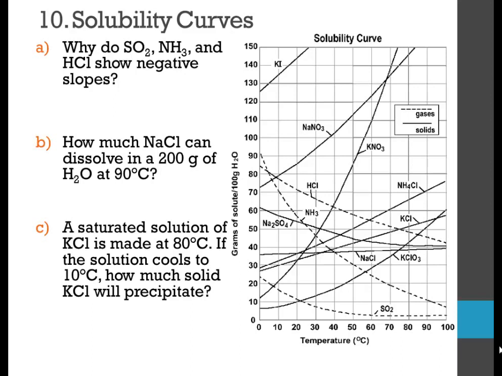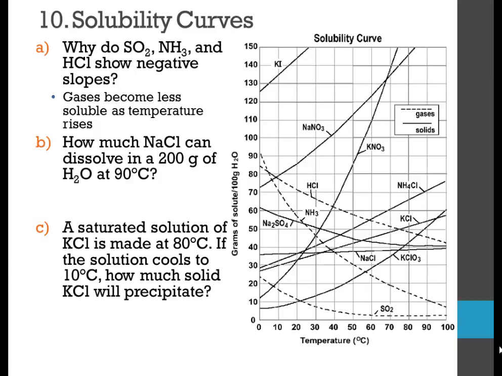First question is, why do sulfur dioxide, ammonia, and hydrochloric acid show negative slopes? If you look at those three, the thing they all have in common is that they're gases. Gases become less soluble as the temperature of the solvent increases. So as the water gets warmer, we see that the gas is less soluble.